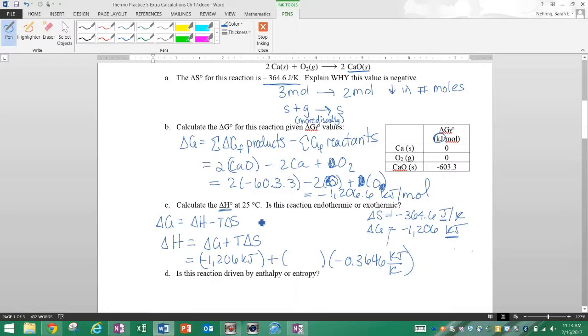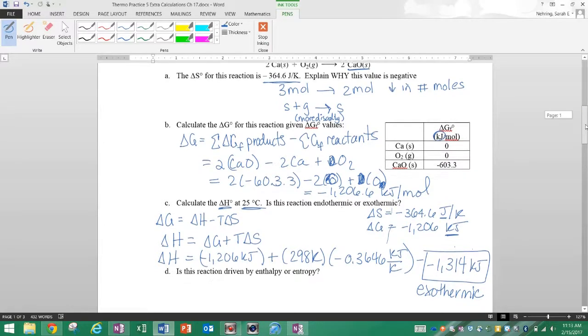And since this is in Kelvin, I need to convert my Celsius temperature into Kelvin. So I end up with negative 1314 kilojoules. And remember, this is a delta H that we just calculated, so this is an exothermic reaction. So negative delta H, it lost energy, gave it off to the surroundings.